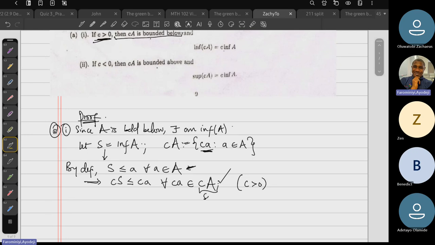This is a set, and this is an element, just one number. So what kind of property did we define that looks like this? What is CS?